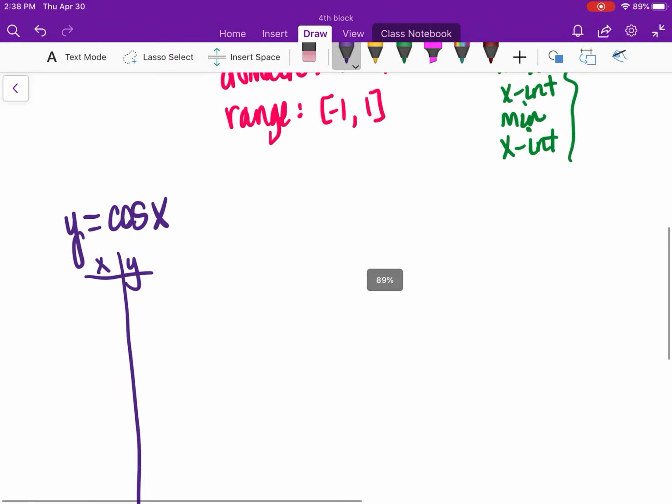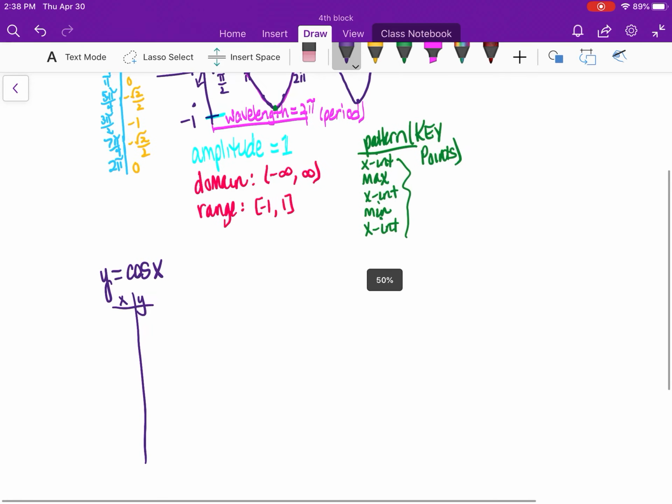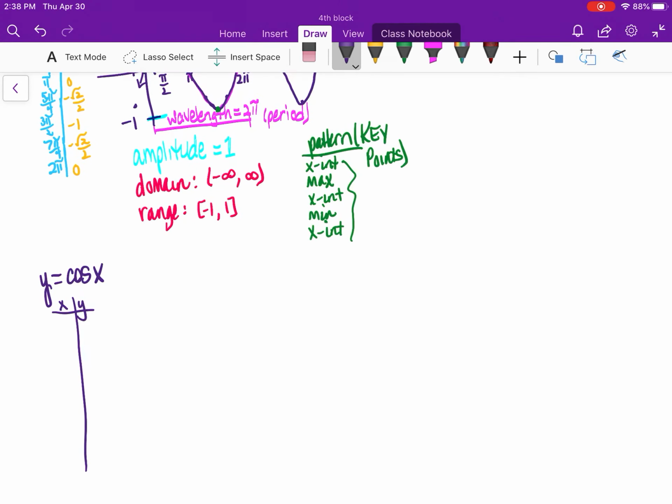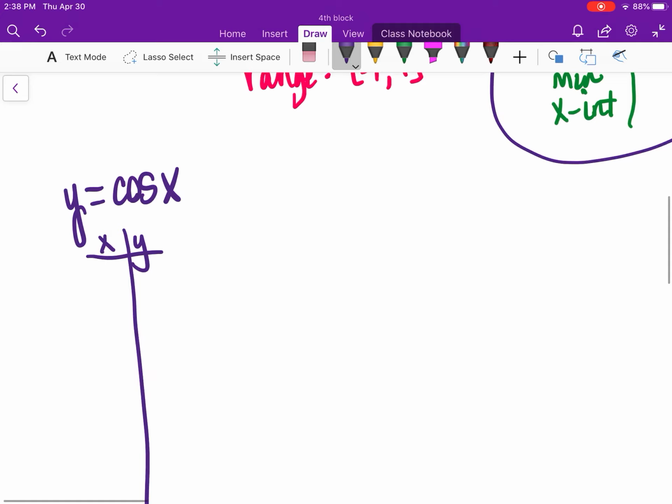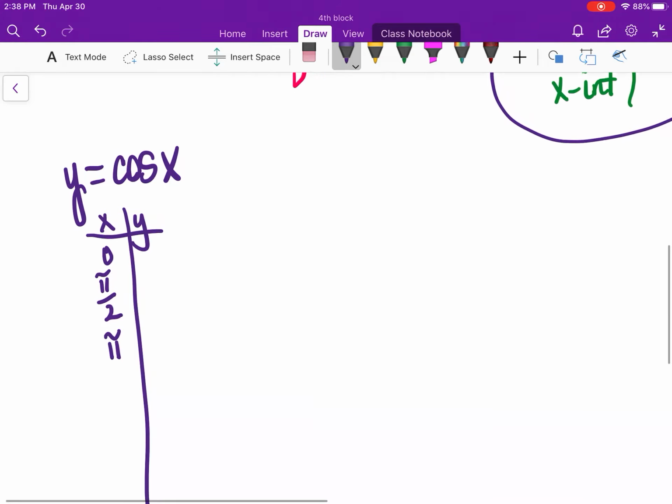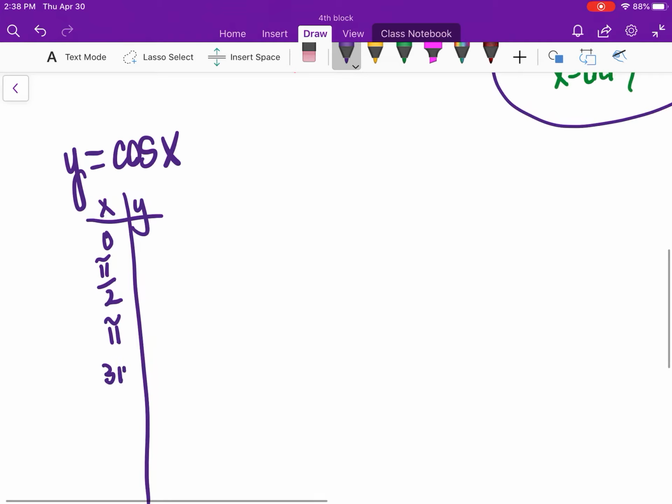So when I make my cosine graph, I'm just going to key in at the quadrant angles so that I can key in on my key points. So I'm not going to worry about the pi over 4s this time, okay, when I make my t-chart. So I'm going to put in 0, and then pi over 2, pi, 3 pi over 2, and 2 pi.